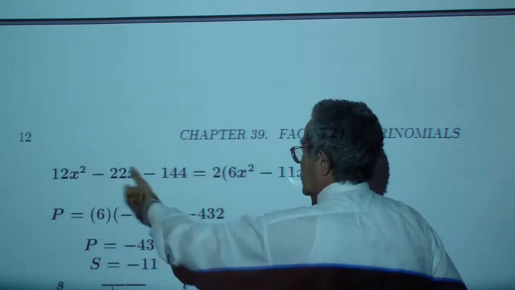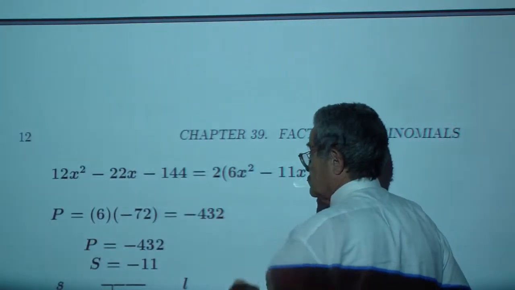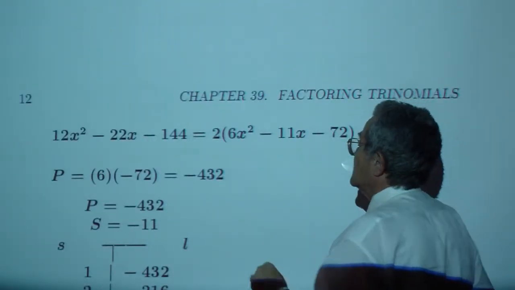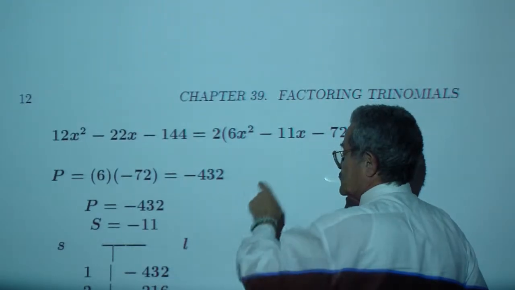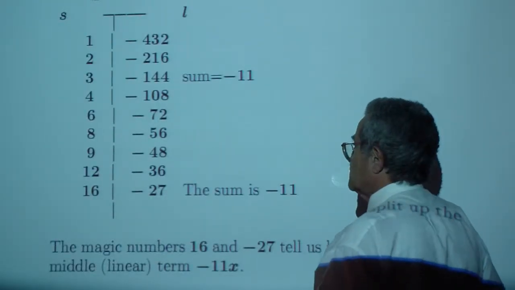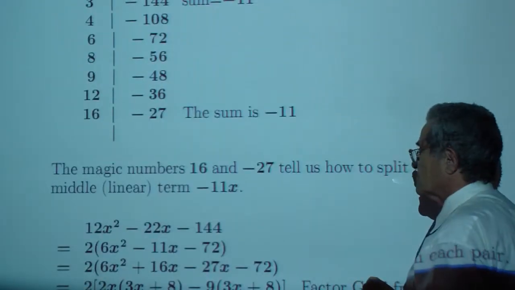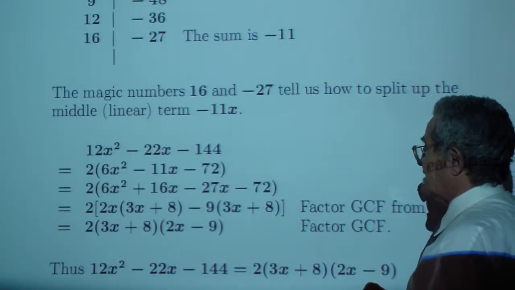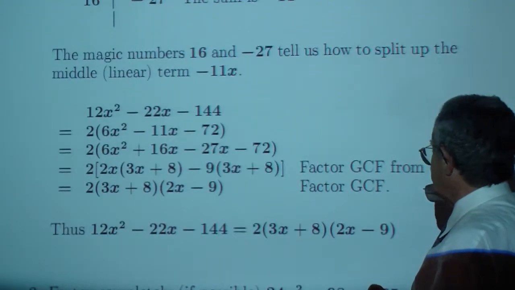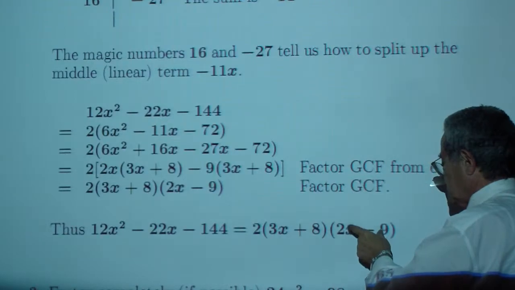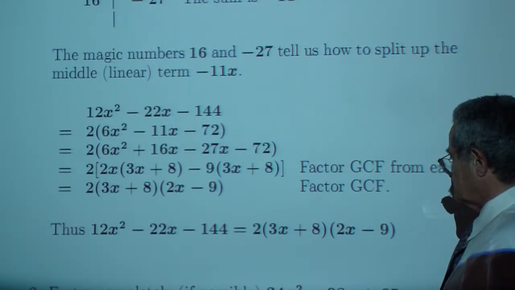Can you imagine if you had not factored out the 2, your numbers would be bigger, would take you a lot longer to find. And again, the sum is -11. The magic numbers turn out to be 16 and -27. And when you factor this, your answer should be 2 times 3x plus 8 times 2x minus 9.